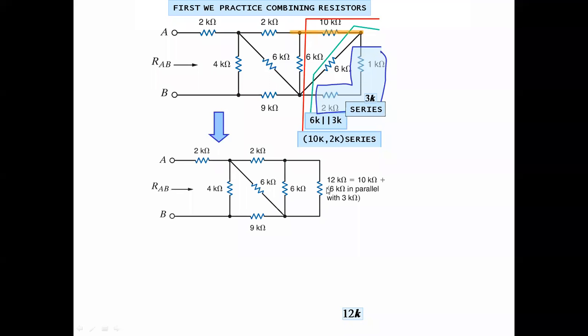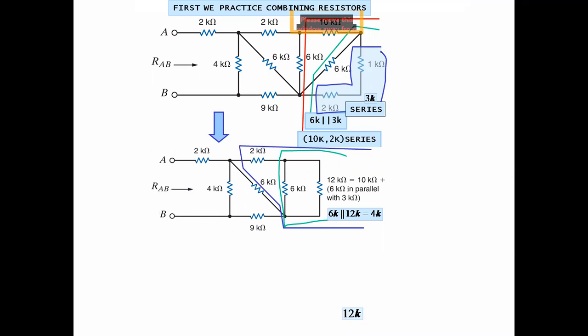The next step is to solve the parallel combination of 12 kilo ohm resistance and 6 kilo ohm resistance. So the total resistance will be 12 into 6 divided by 12 plus 6. Right, so we'll solve this parallel combination. After solving, the answer will be 4 kilo ohm resistance.